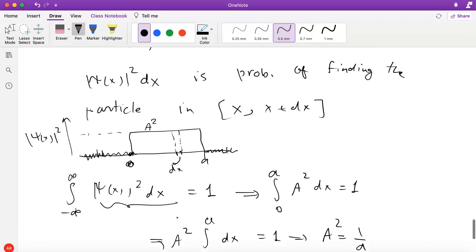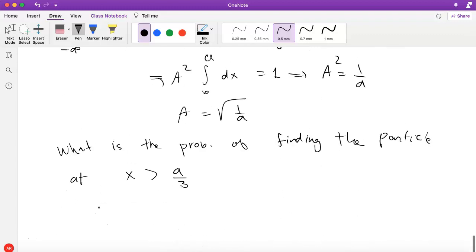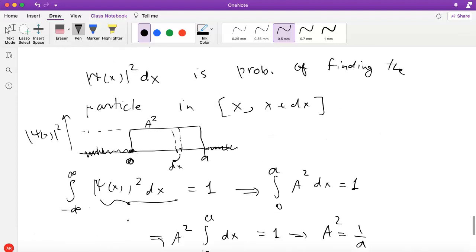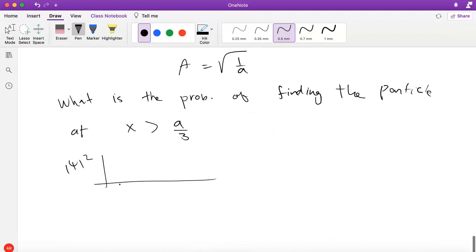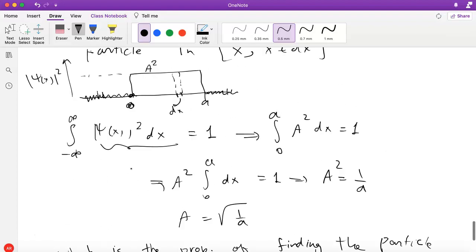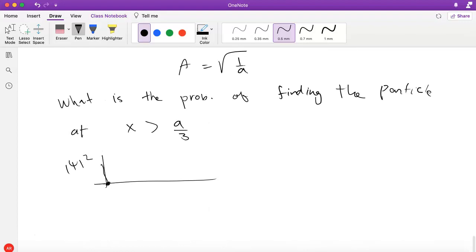Well, let's draw this again. So we put my 0 here now. This is a. A over 3 is going to be here. So the probability of being larger than a over 3 is like being in this region, right?